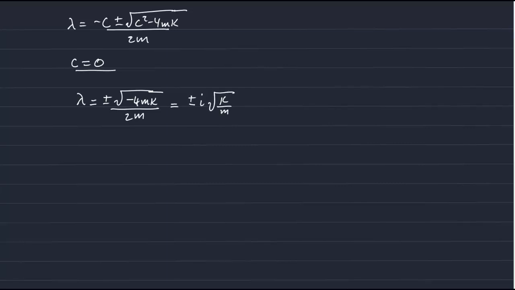If we pull the 4 out of the square root sign, we'll get a 2, and that cancels with the 2 in the denominator. We can also write the solution as plus and minus i omega, where omega is equal to the square root of the spring constant over the mass, and this will turn out to be an angular frequency.